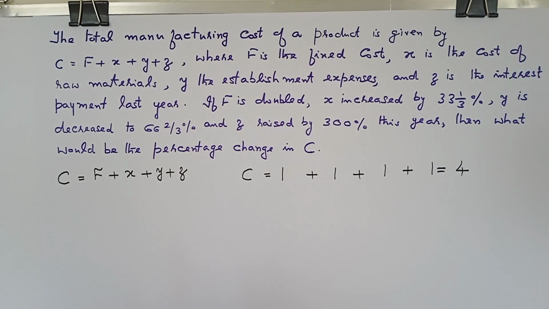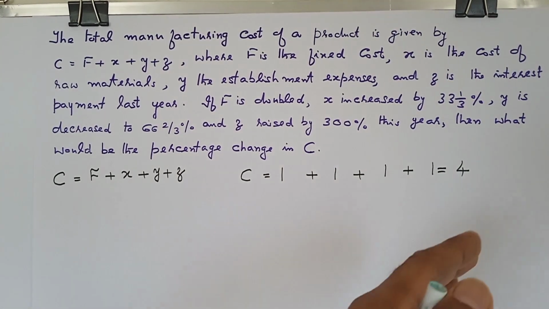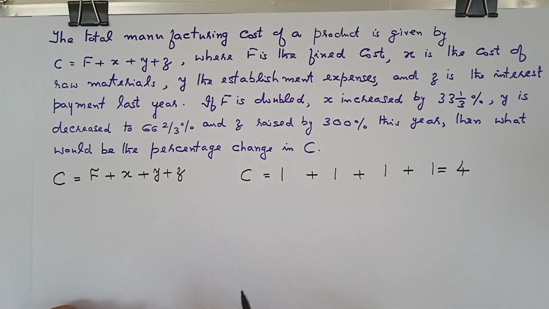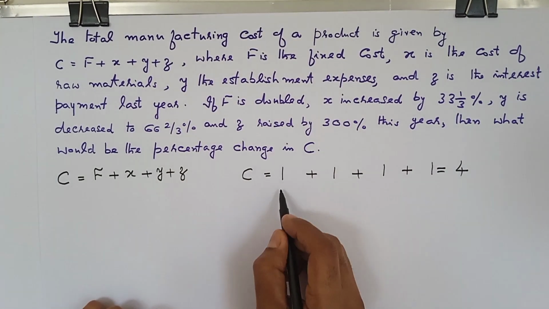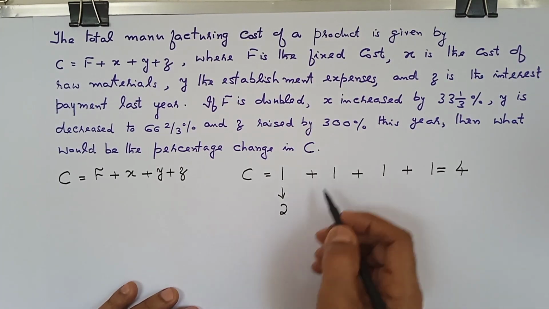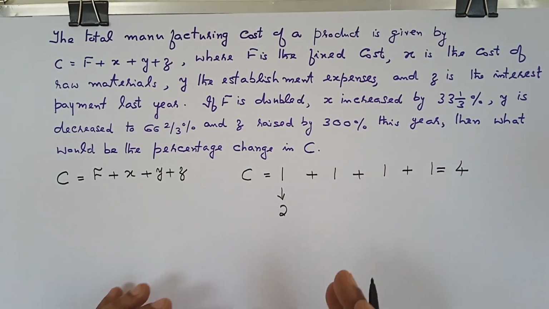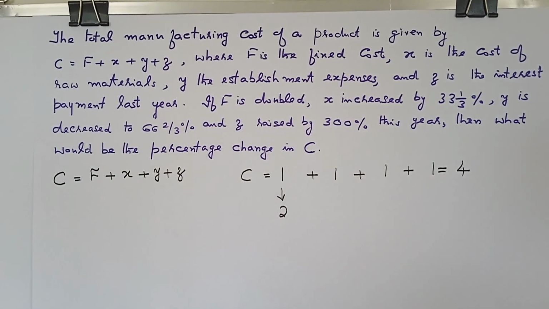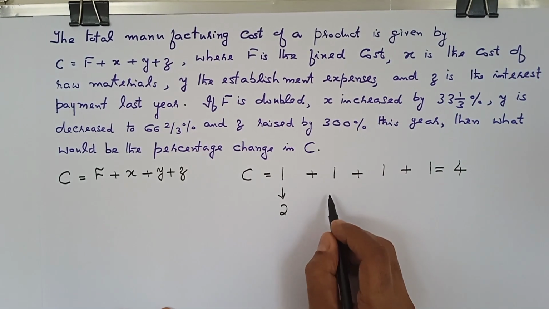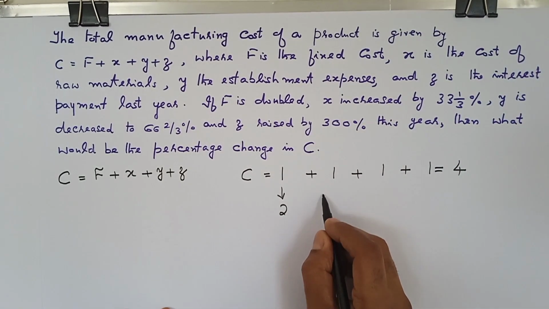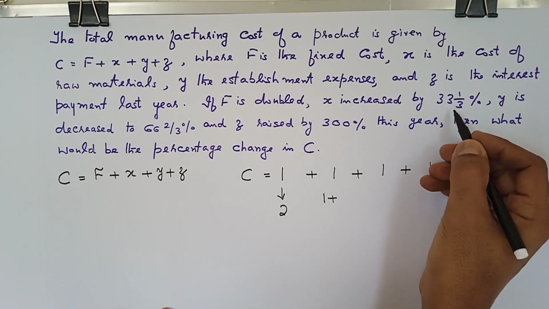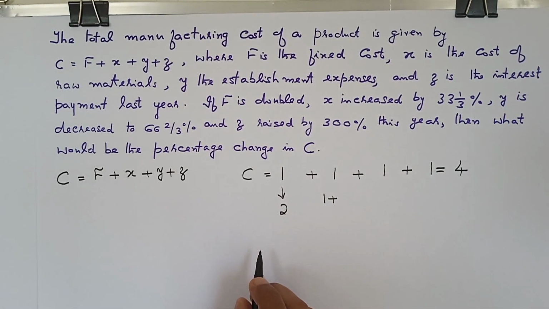Now, let's sum it up. You get 4. So based on these choices, total manufacturing cost turns out to be 4. Now look at the changes they're making. F is doubled. What does that mean? 1 becomes 2. X increased by 33 and 1 by 3%. What does that mean? Something increased by a certain percentage means you take the value of whatever it was before the change, then increase it by 33 and 1 by 3%.